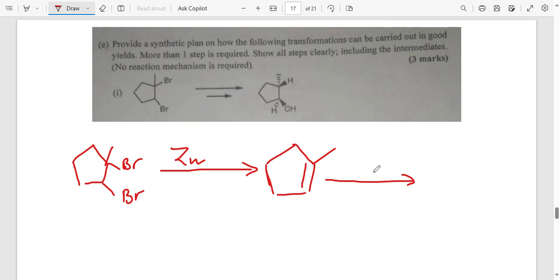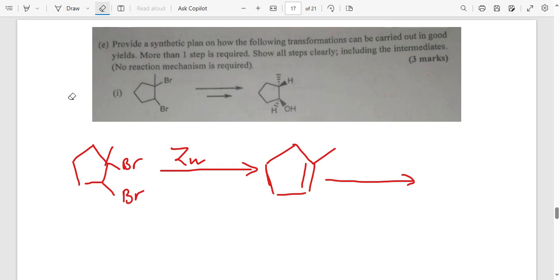Okay. So in the second reaction, how can you convert an alkene into an alcohol by reacting with an acid?